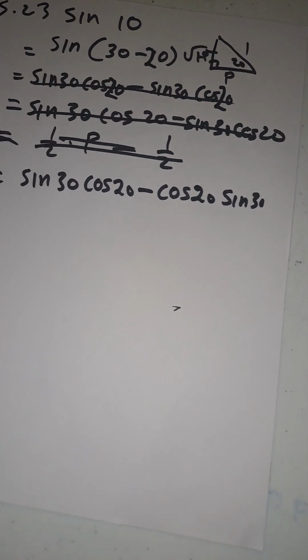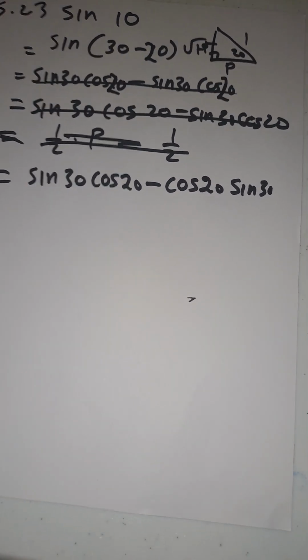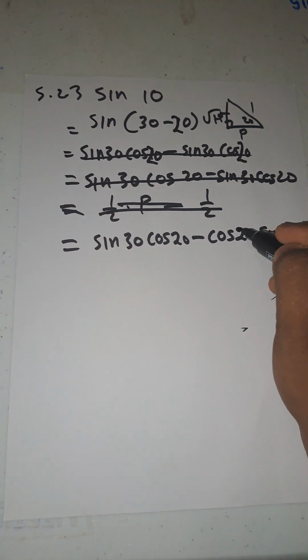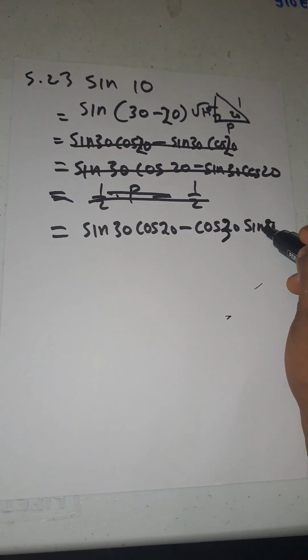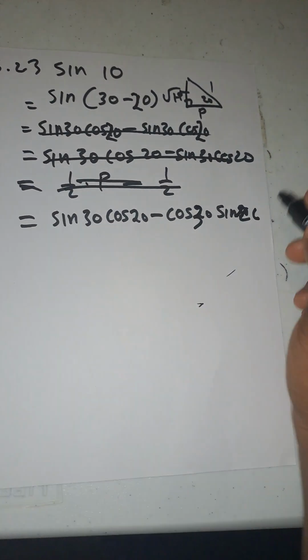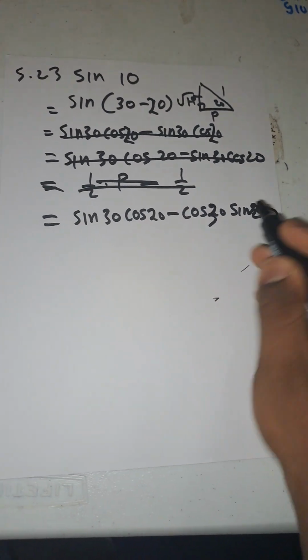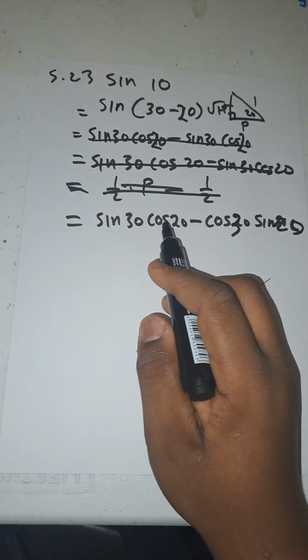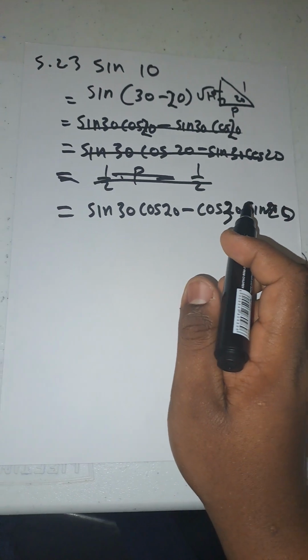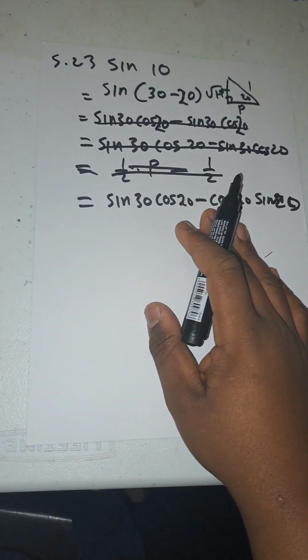Because remember, these things are going to interchange, right? Don't forget your compound angles. Yeah, sorry guys, just a small mistake. I don't know why today is like this. Maybe it's because I'm sick. So I have sine 30 cos 20 minus cos 30 sine 20. Mistakes happen, guys. Mistakes happen. So don't mind me. Mistakes happen.